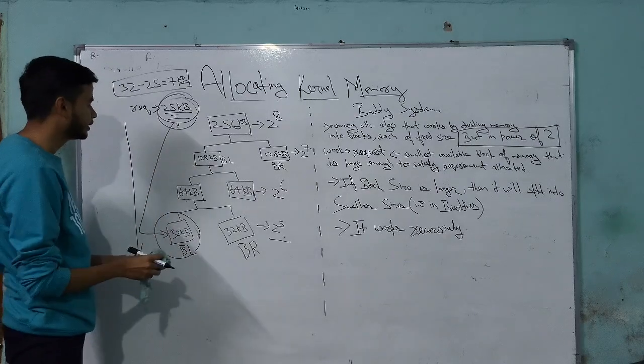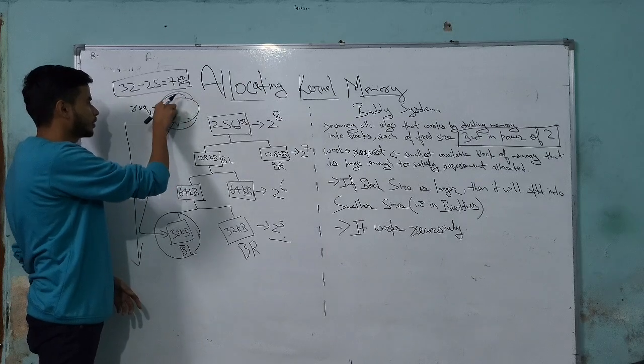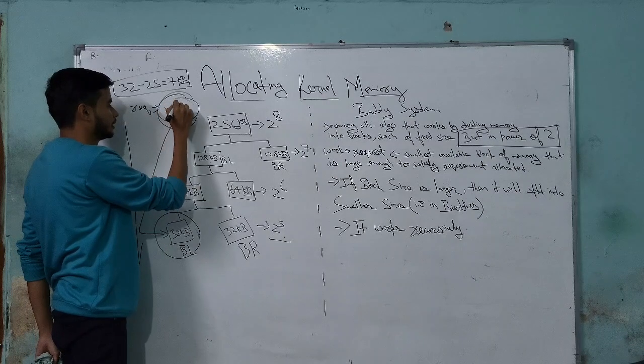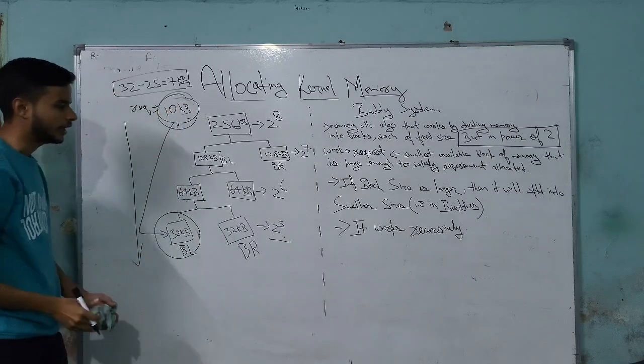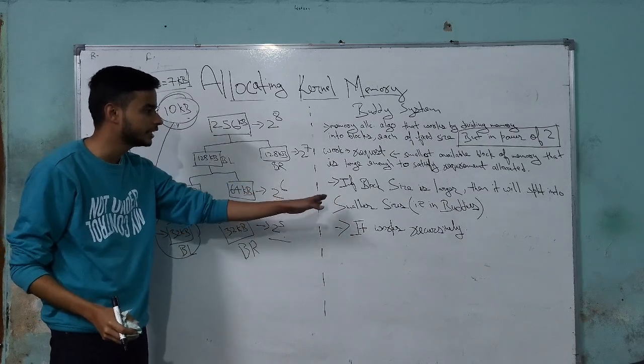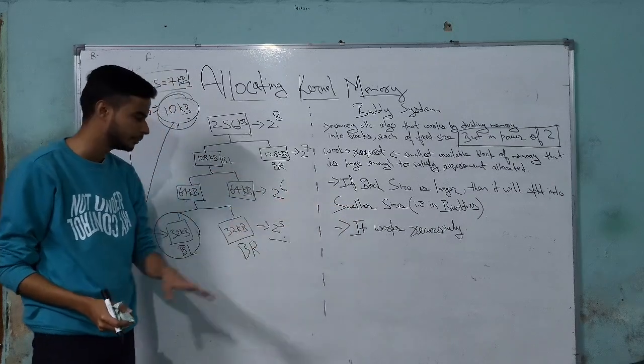So let's take another example: what if the requested memory size is 10 KB? Then what is going to happen? As we know, the algorithm works recursively, and if the block size is larger, then it will split into smaller buddies.